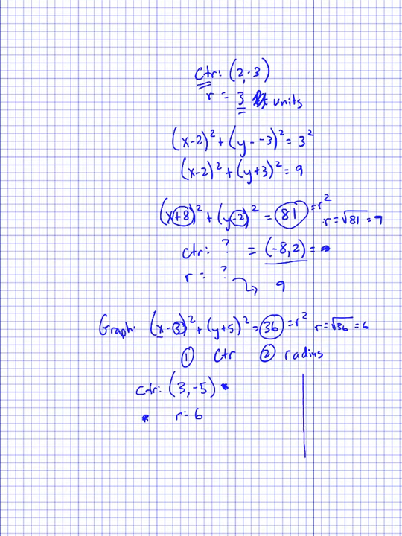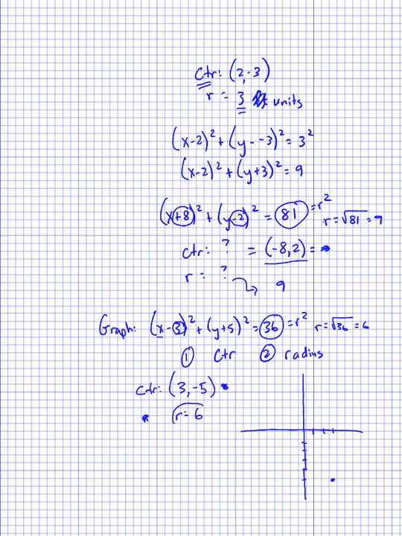I need to go to the center, 3 and -5. So 1, 2, 3, -5, 1, 2, 3, 4, 5. So there's my center. My graph, unfortunately, is going to go off the page here.